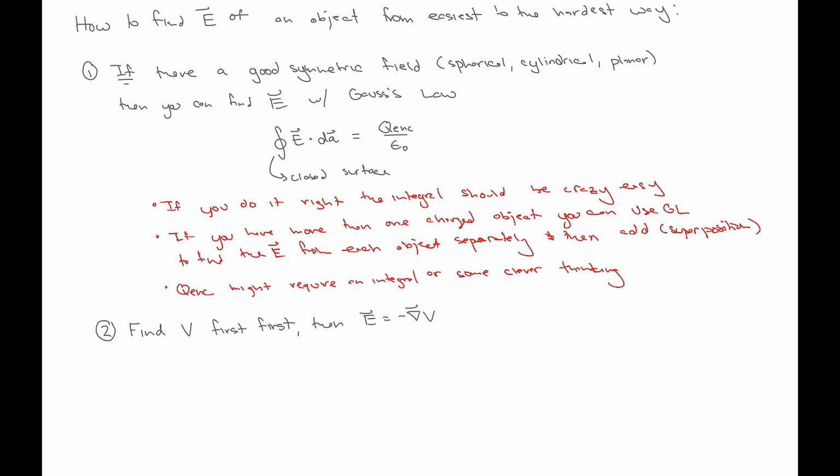Why is this easier? Well, I said it a couple of times already, but V is a scalar, so you don't have to worry about vector components, which means basically you only have to do one integral instead of three.